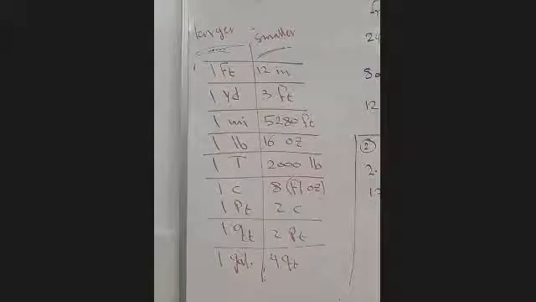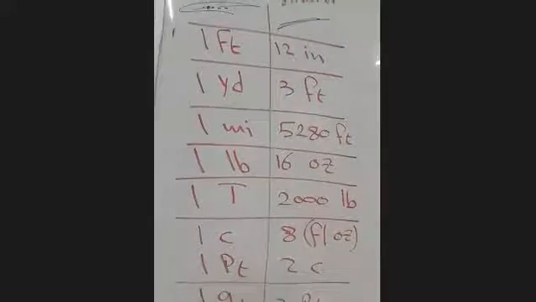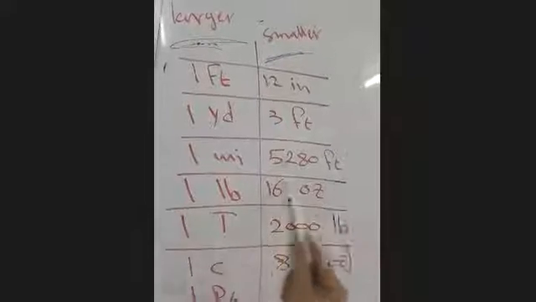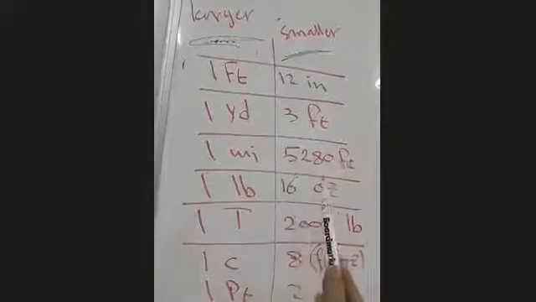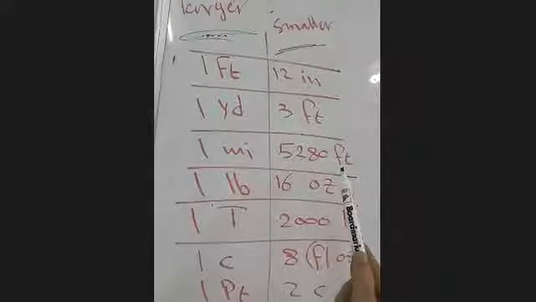Everyone here is larger than everyone here. Between miles and feet, which one is the larger? The miles. And which one is the smaller? The feet. Do not look at these numbers.